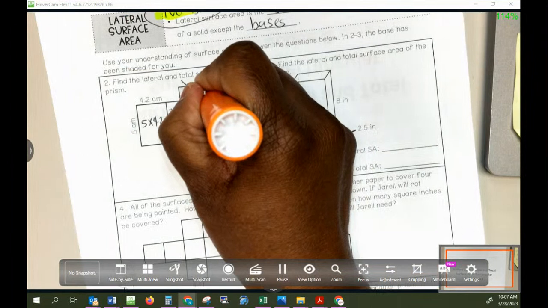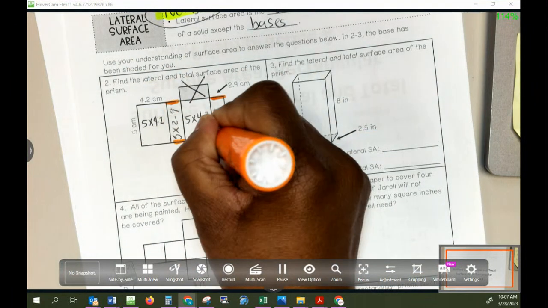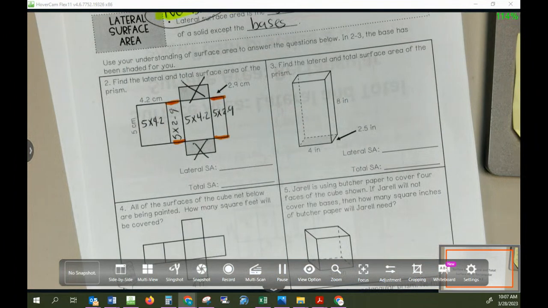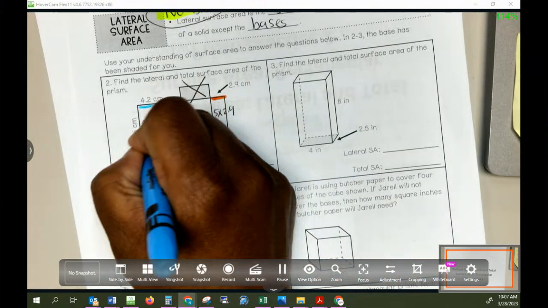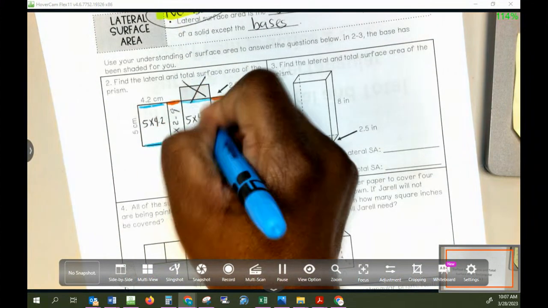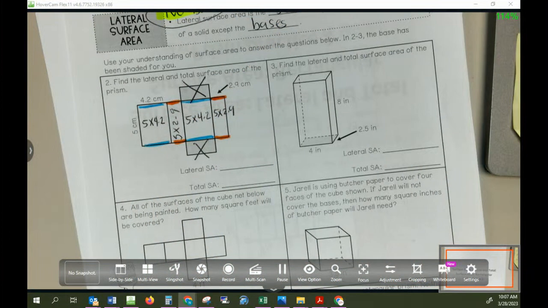So if you need color coordination here, those are all the 5 times 2.9s. Yes, because this number here is a 2.9. Do you see that?